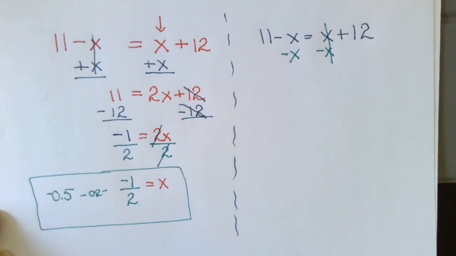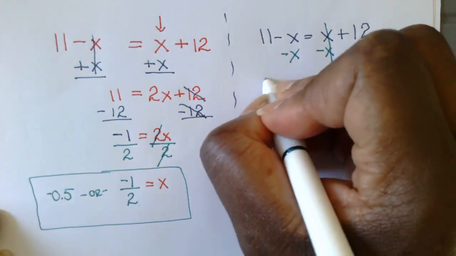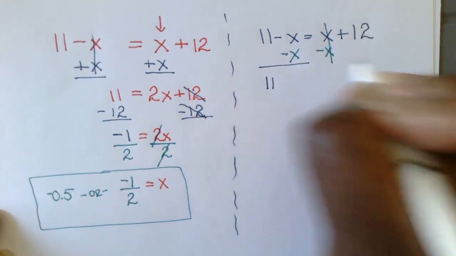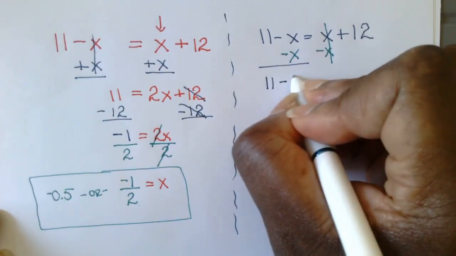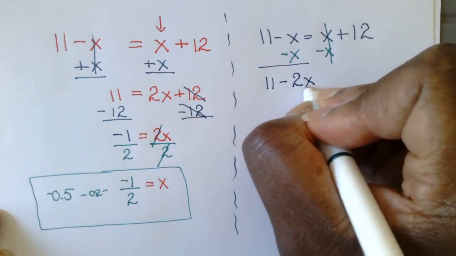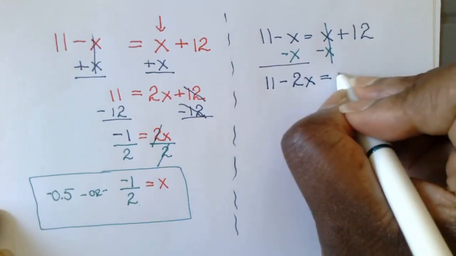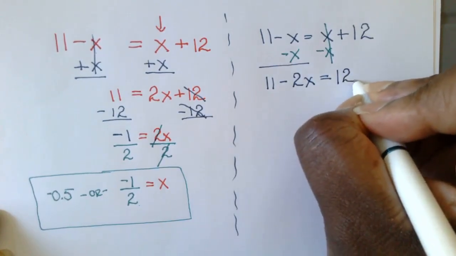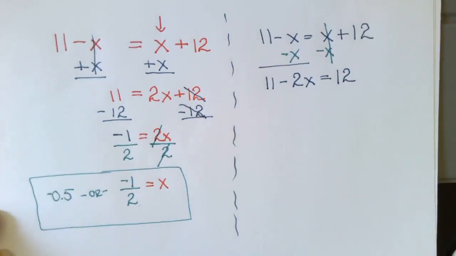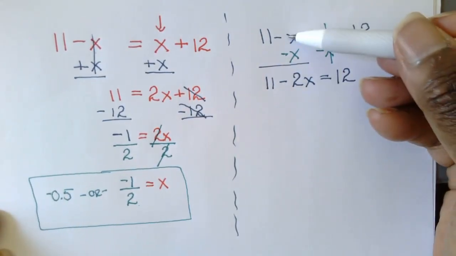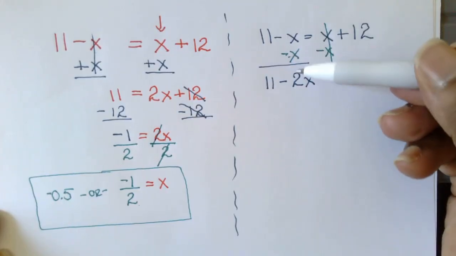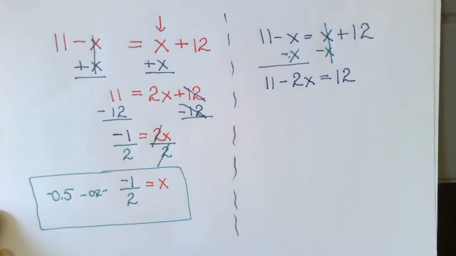So now you have your 11 minus 2x equals 12. Okay, because we have a negative 1 plus a negative 1. That gives me a negative 2.